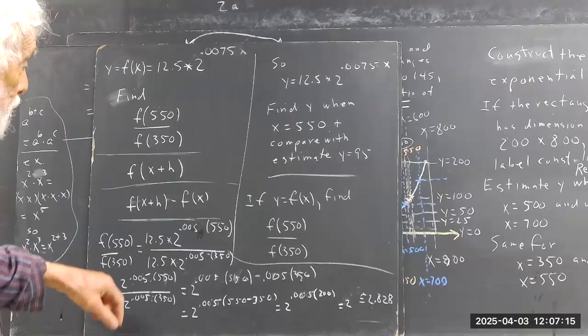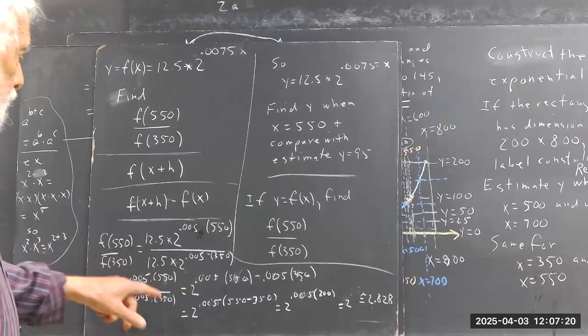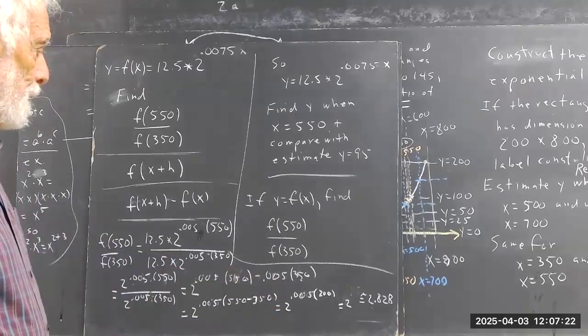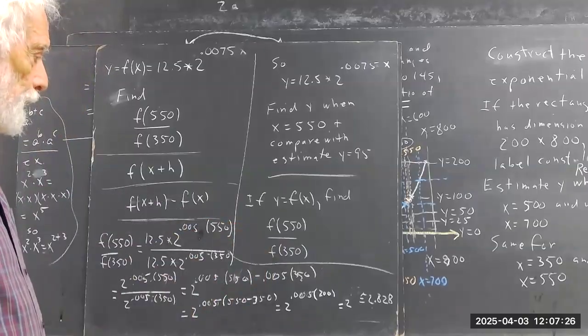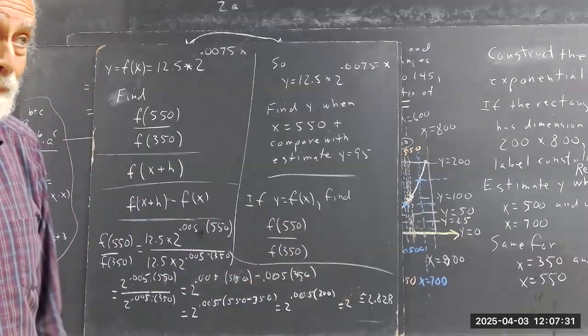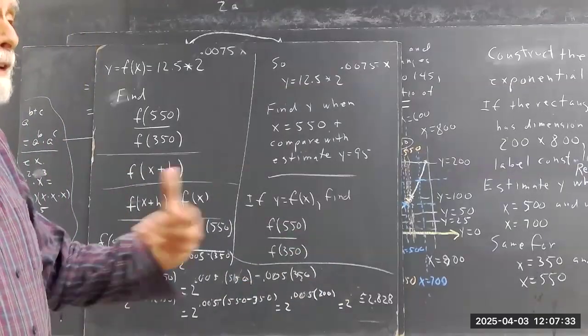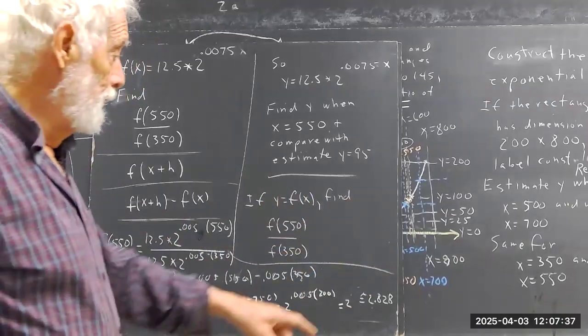But now you need to see that I can divide the 12.5s out. And then I can subtract my exponents. And then I can factor the 0.005 out of the exponents I subtract. And I end up with 2 to the 0.005 times 200. What's 0.005 times 200? Well, 2 times 5 is 10, and you got a couple decimals.